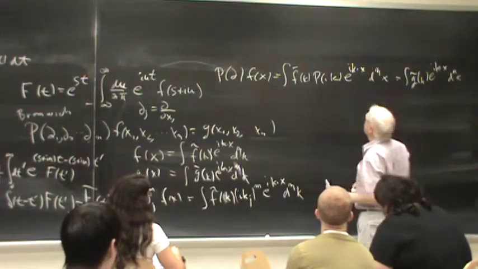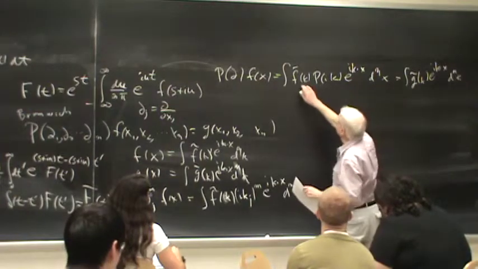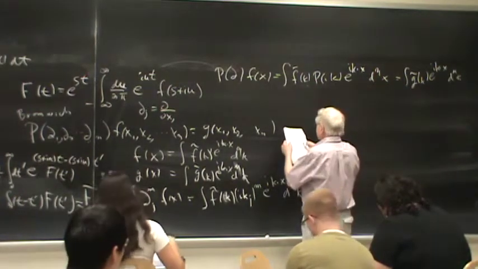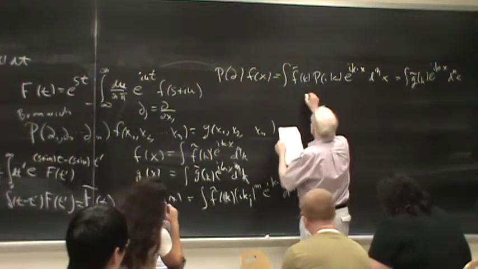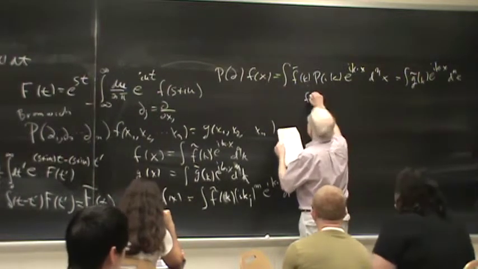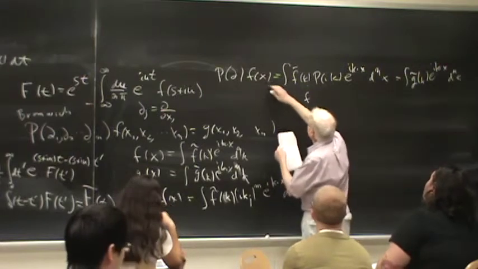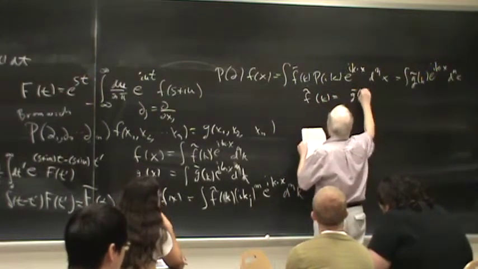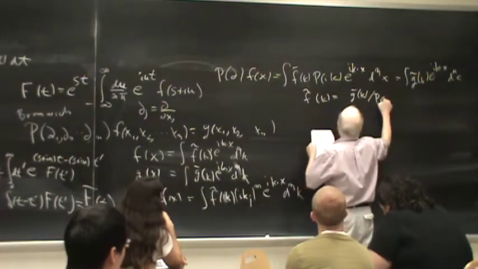And so obviously the algebraic equation is that f tilde of k, p of ik has to be g tilde of k. In other words, the solution we're looking for, f tilde of k, should be g tilde of k divided by p of ik.